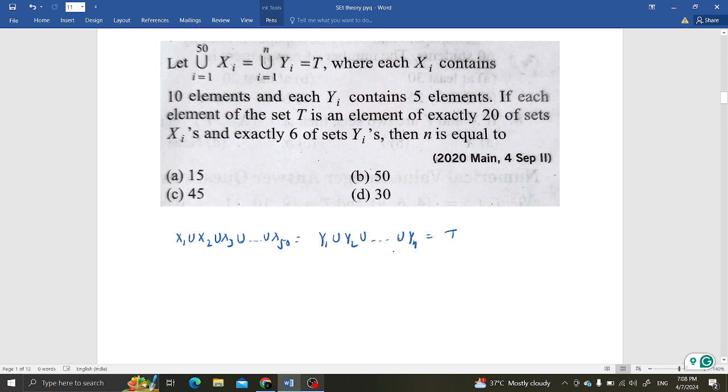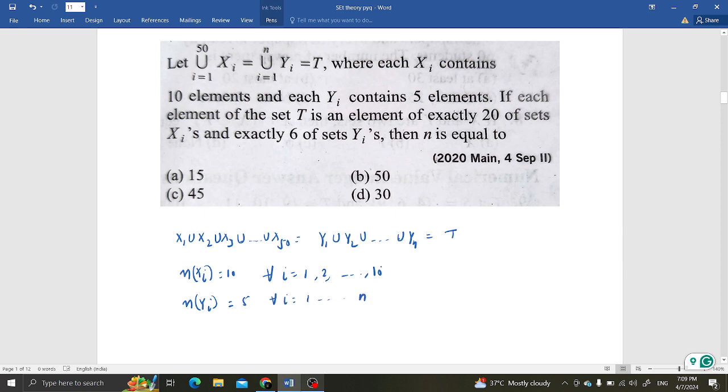Each Xi contains 10 elements, that means n of Xi equals 10 for all i equals 1, 2, up to 10. And each Yi contains 5 elements, so n of Yi equals 5 for all i equals 1 to n.